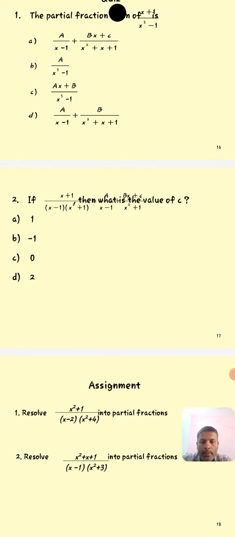The numerator degree is less than the denominator degree, so this confirms the given fraction is a proper fraction. Now you have to observe what factors are available in the denominator. x minus 2 is a non-repeated linear factor, and x square plus 4 is an irreducible quadratic factor.